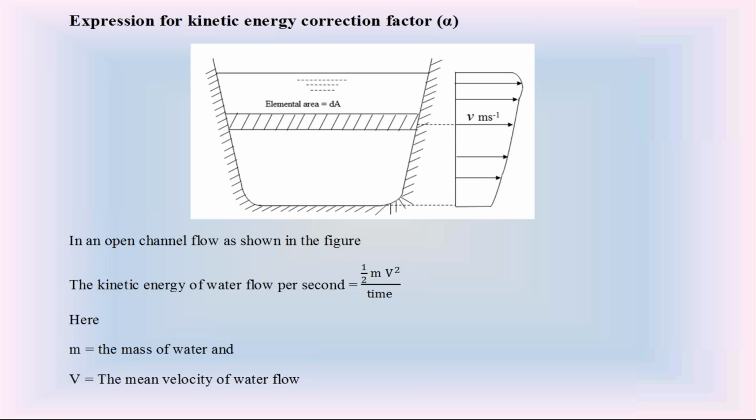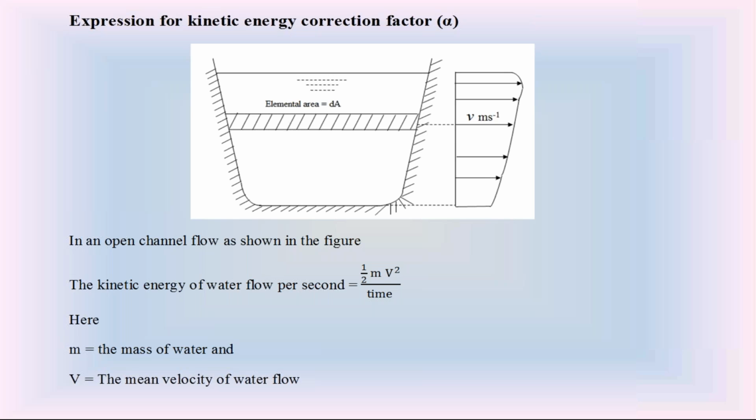Now, I am going to find out the kinetic energy of water flow per second. Without this per second, it is only the kinetic energy of flowing water, equal to half mv square. But we are going to find the kinetic energy of flowing water per second.